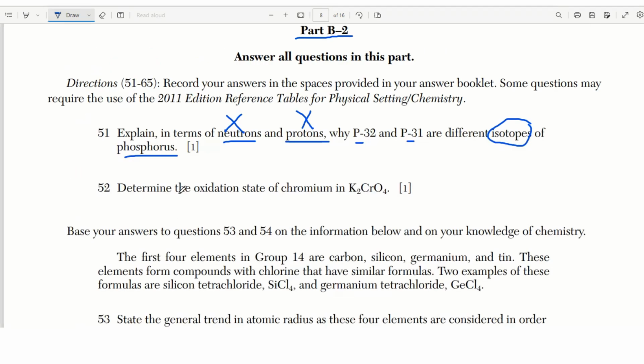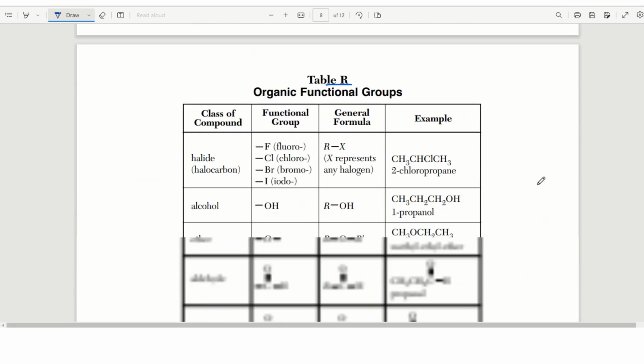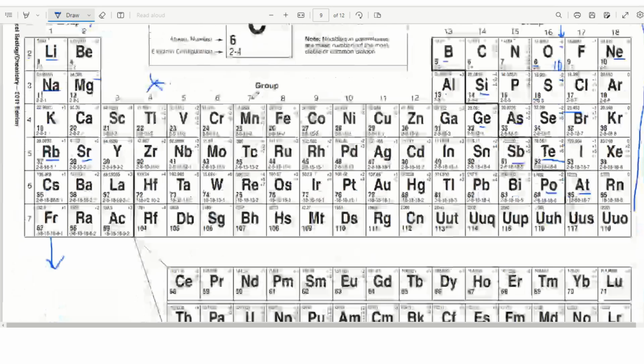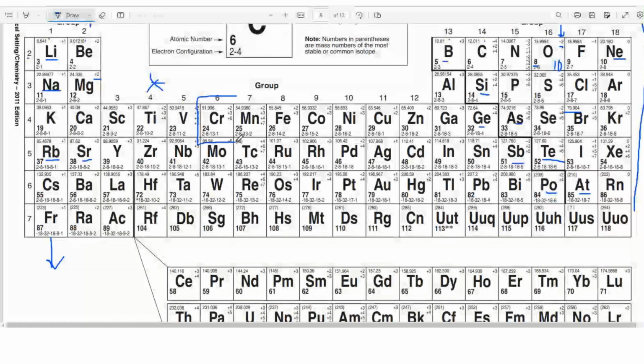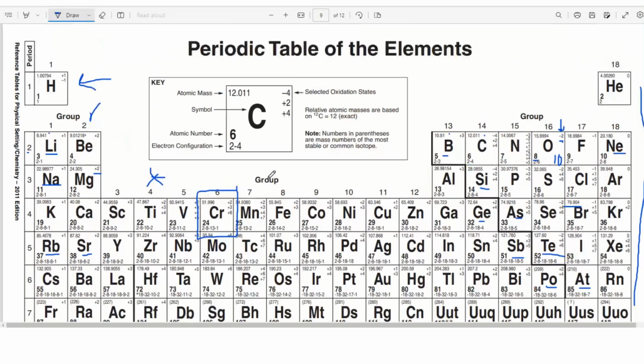All right, determine the oxidation state of chromium in this compound. If we go to the periodic table and we see chromium, it has 3 options listed, but remember those are selected oxidation states, so that does not mean all of them.